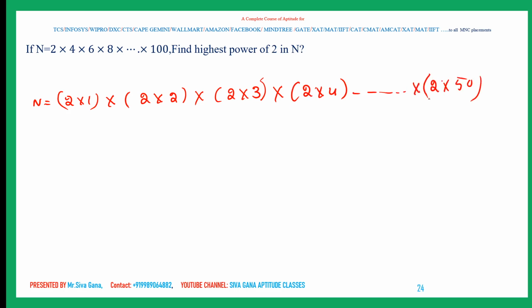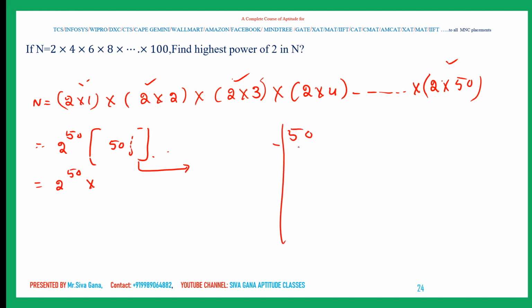If we simplify this, we get 2 into 2 into 2, 50 times, which is 2 power 50, and the rest of the number is 1 into 2 into 3 and so on up to 50, which is nothing but 50 factorial. So this is the given number: 2 power 50 into 50 factorial. Now in 50 factorial, what is the maximum power of 2?